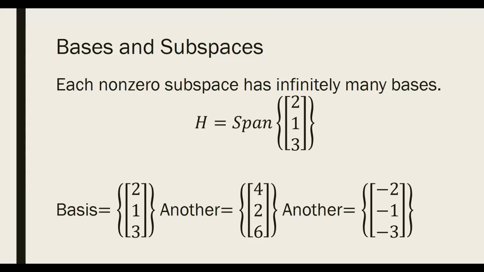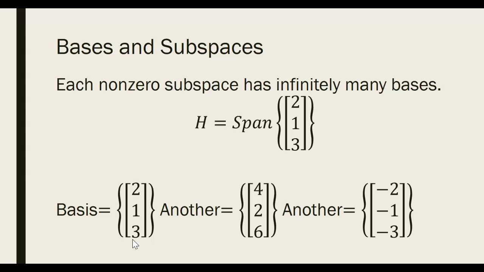So if you think about the span of (2, 1, 3), it's just a constant multiplied times (2, 1, 3), right? That's all vectors in the span are going to look like. So the obvious basis is just the set containing the single vector (2, 1, 3).